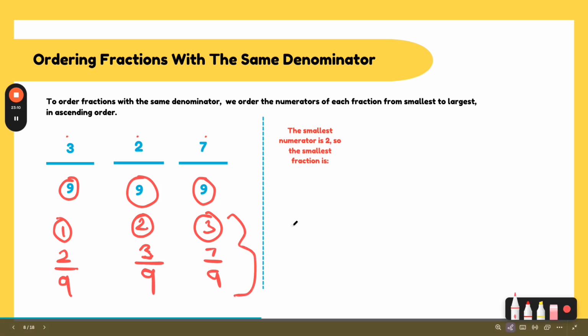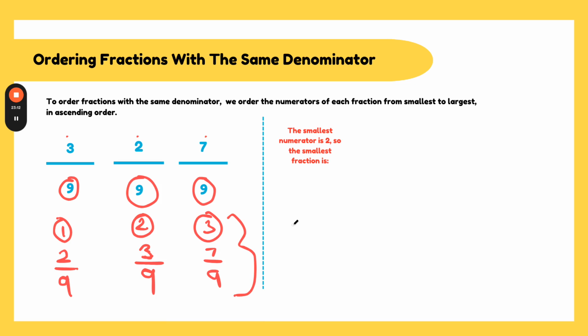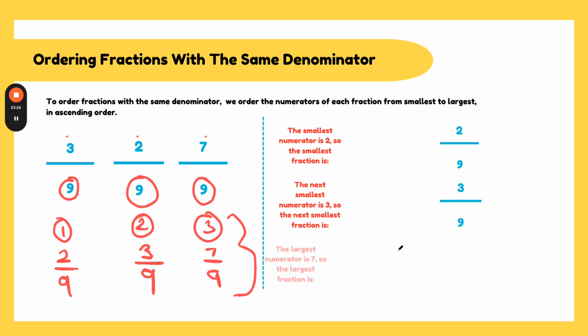Again, the smallest numerator is 2, so the smallest fraction is 2/9. The next smallest numerator is 3, so the next smallest fraction is 3/9, which of course leaves us with 7/9 as the largest fraction. So you can see, fairly straightforward.